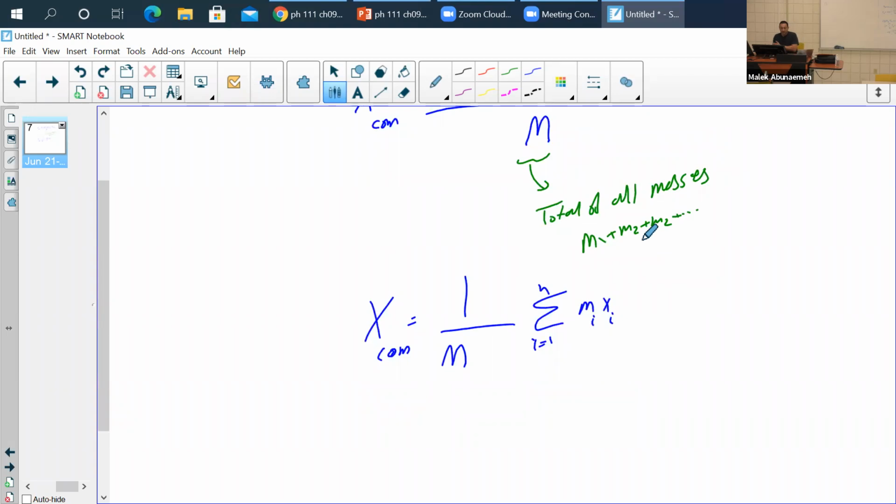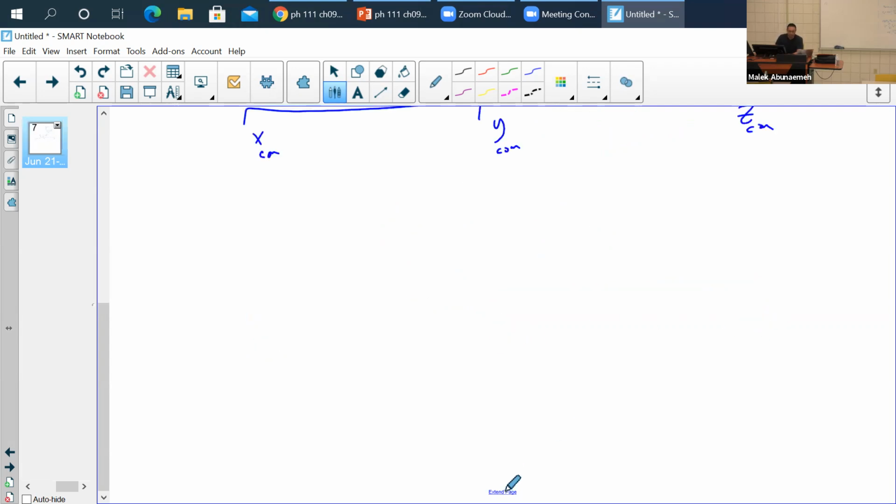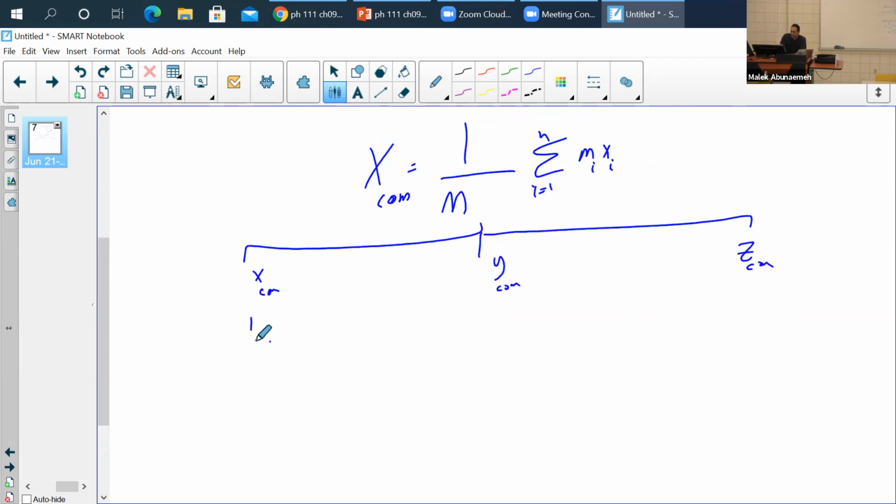Now, for 3 dimensions, let me go ahead and break this down into your x dimension, y dimension, and z dimension. X center of mass, y center of mass, z center of mass. That means the x center of mass is going to equal 1 over the total of all masses, from i equals 1 to n, of m_i x_i.